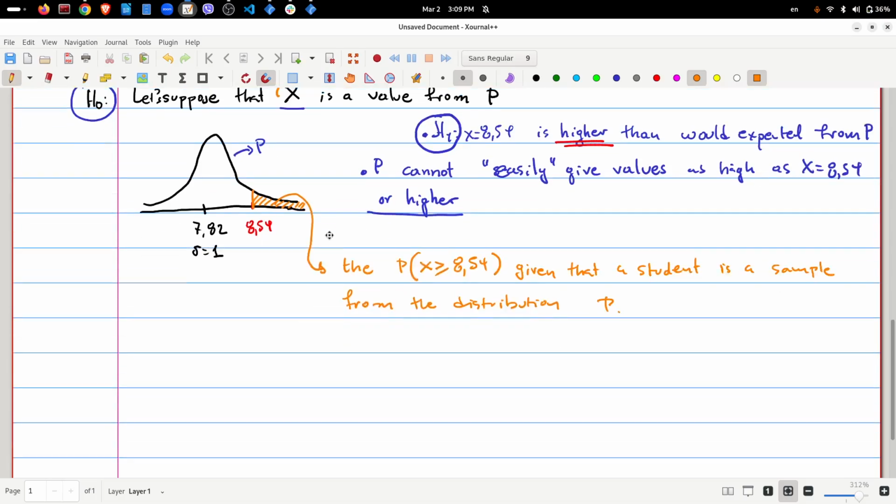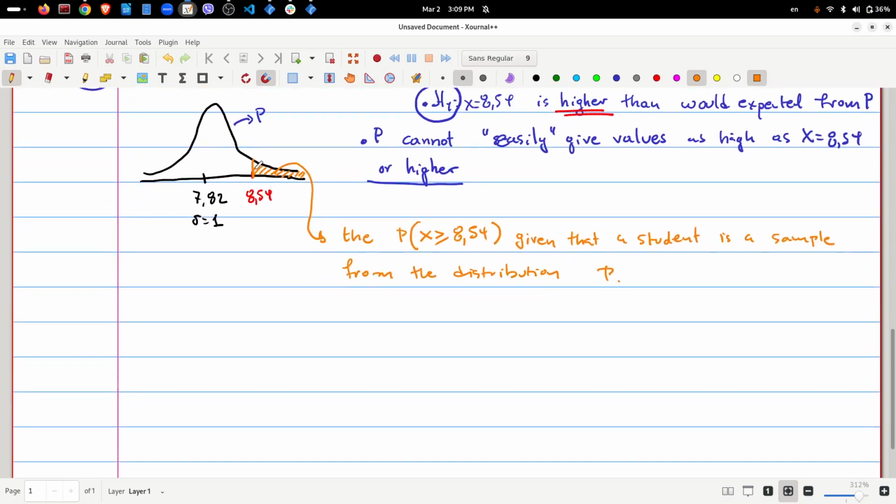Okay, now let's suppose that this value, this area here, has a value of, let's call it small p. So this area here is so small actually.